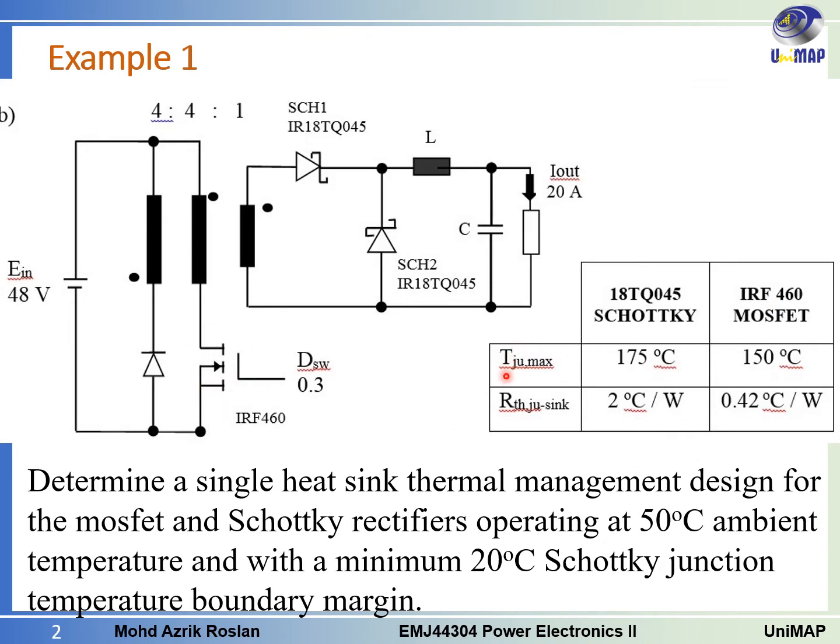This is the maximum junction temperature for the Schottky diode, 175 degrees C, and for the Mosfet 150 degrees C. For the thermal resistance, from junction to sink, this is given as 2 degrees C per watt, and for the Mosfet 0.42 degrees C per watt.